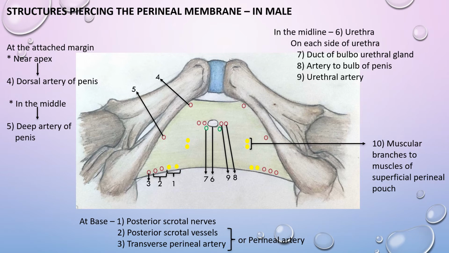On each side of the urethra, the following structures pierce the perineal membrane: the duct of the bulbourethral gland, the artery to the bulb of the penis, and the urethral artery. Lastly, muscular branches to the muscles of the superficial perineal pouch pierce the perineal membrane.